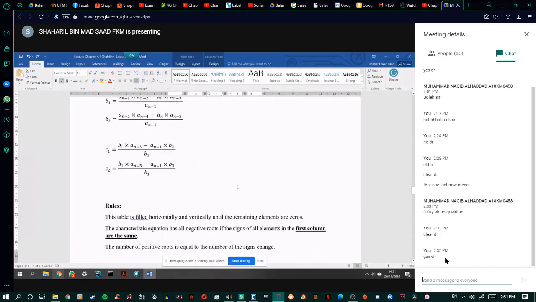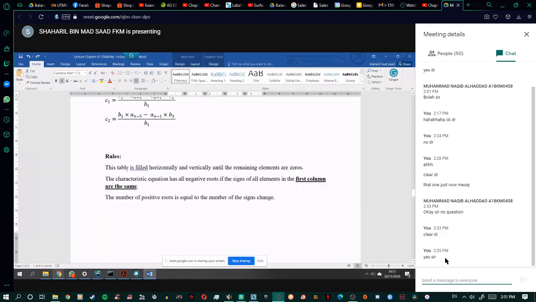This is the rule. This table is filled horizontally and vertically until the remaining elements are 0. I will show you. The characteristic equation has all negative roots if the signs of all elements in the first column are the same. This is very important.